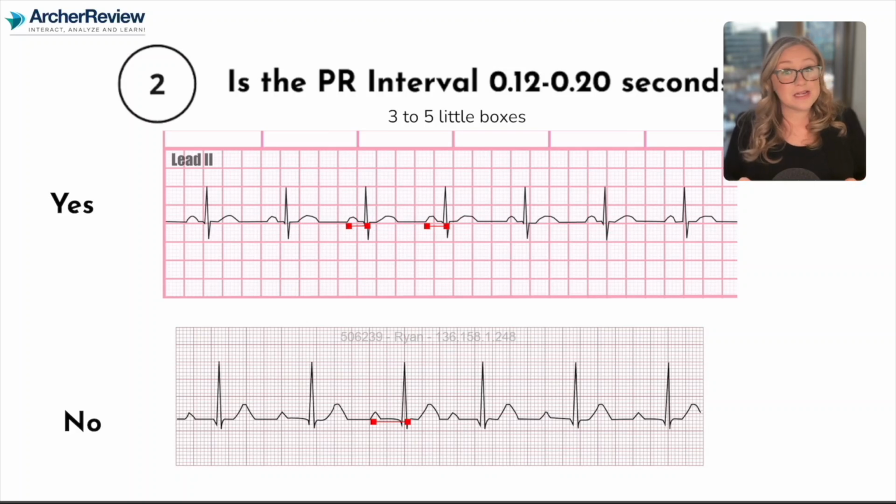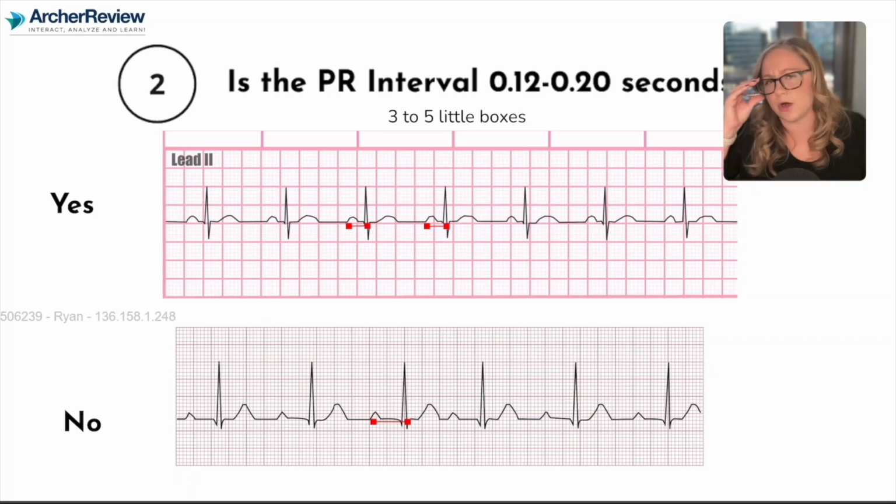Remember, that means 3 to 5 little boxes. If it's greater than 5 little boxes, which is one big box, we know that is too long. And you're going to see quite a few examples where prolonged PR intervals become an issue. So we want 3 to 5 little boxes.